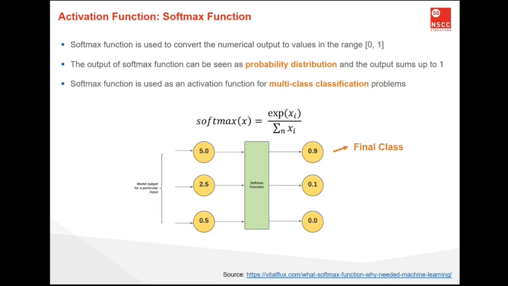To wrap up this part, an activation function is critical for a neural network to learn complex patterns in the data. There are different types of activation functions, and we need to match the activation function for the output layer based on the type of prediction problem that we are solving, specifically the type of predictive variable.